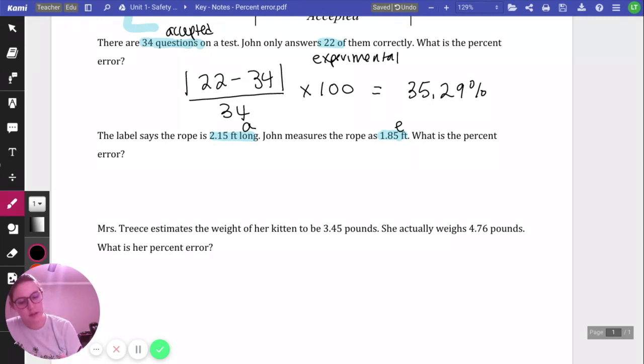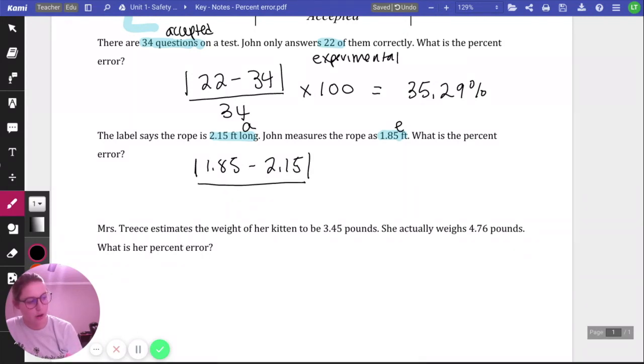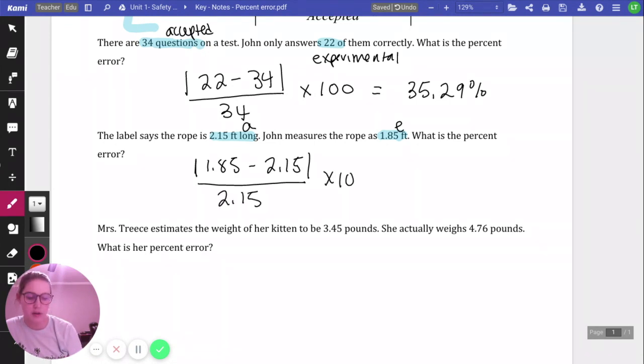Okay. So then again, we have the absolute value of our experimental 1.85 minus our accepted value, which is 2.15, all over our accepted value, which is again 2.15, times 100.